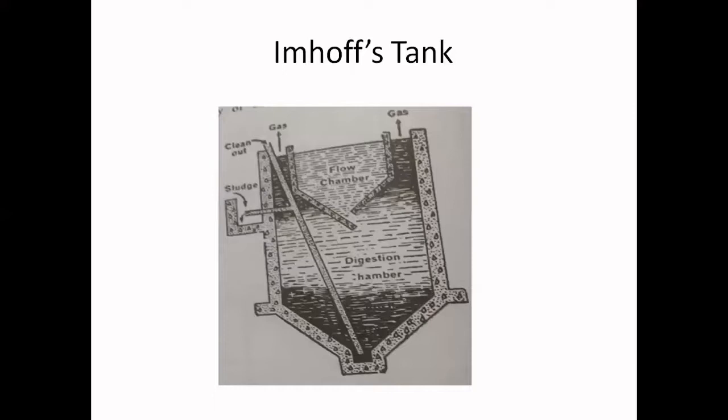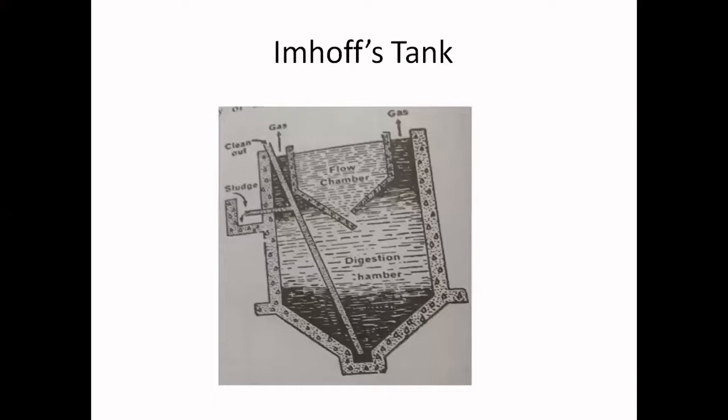Now the digestion chamber. This is the lower compartment of the Imhoff tank, and in this chamber the solids obtained from the sedimentation chamber are digested. The bottom of the digestion chamber is generally in the form of cones or hoppers with a slope of about 1:1 or 1:2.